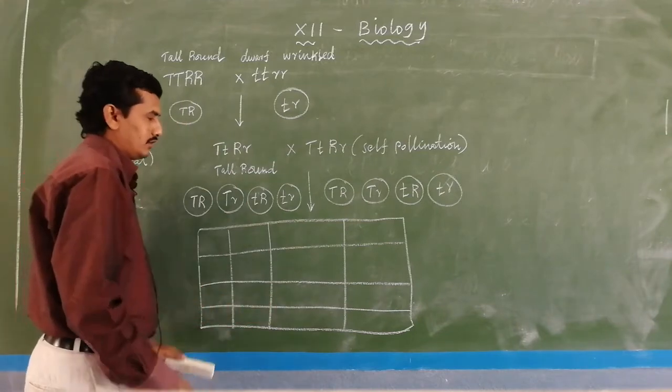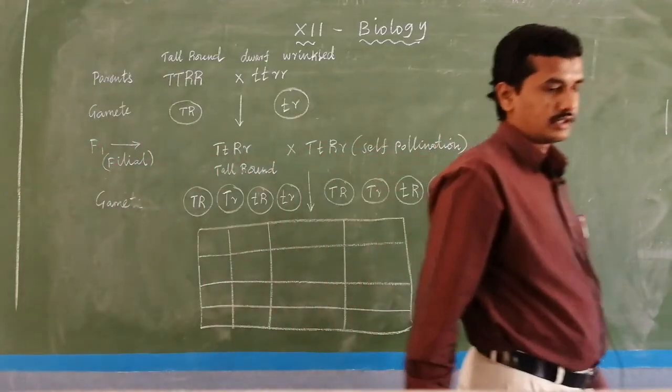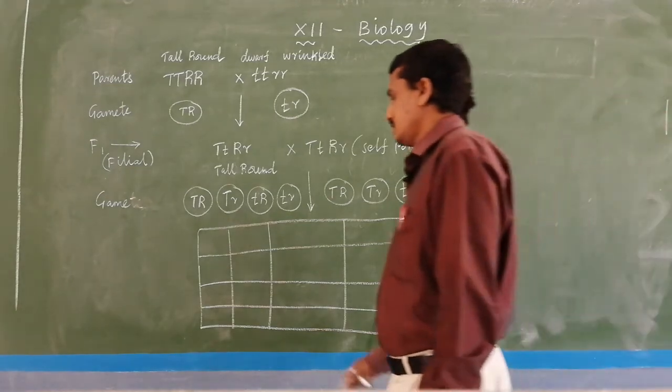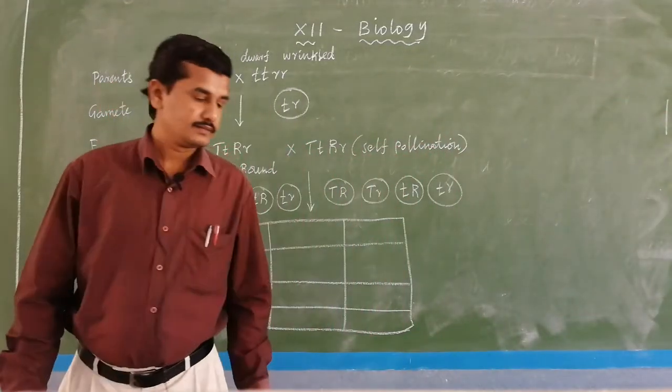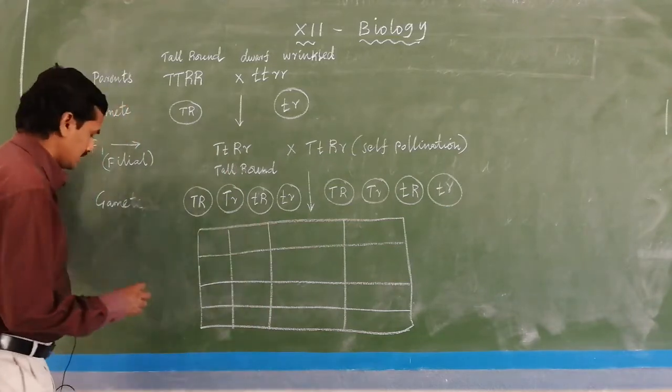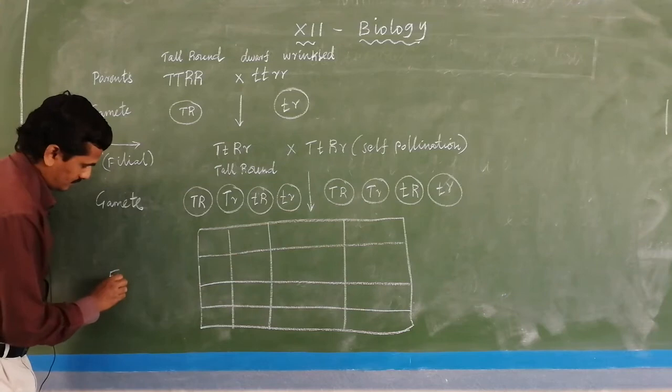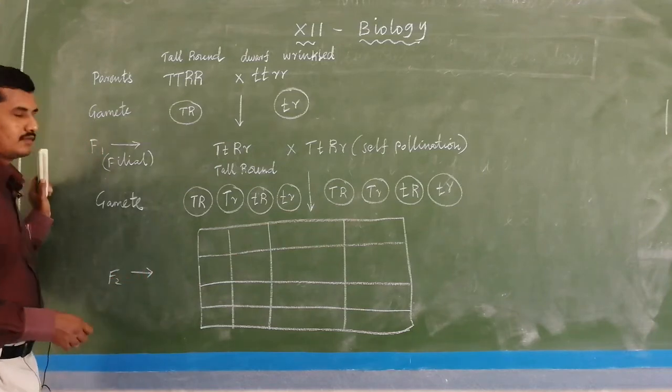That is 16 boxes. Readers, slowly draw. Actually, it is a Punnett square. This is the F2 generation.